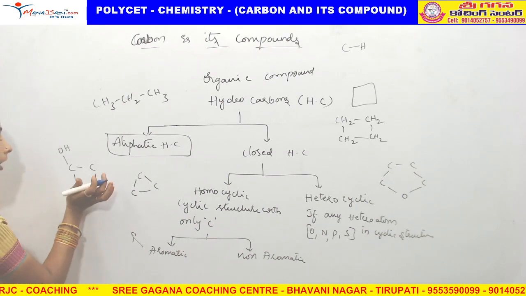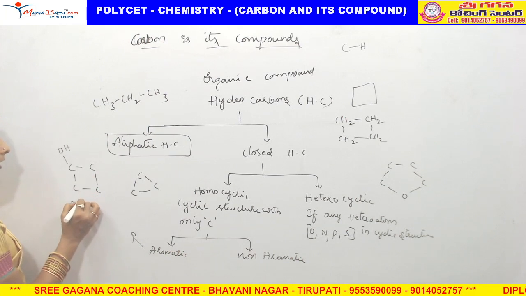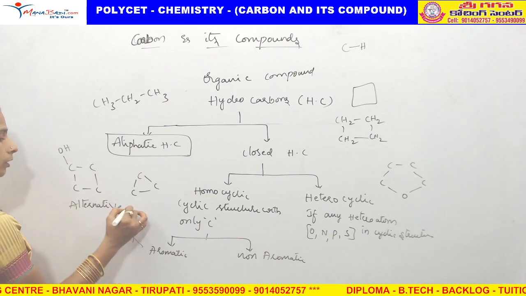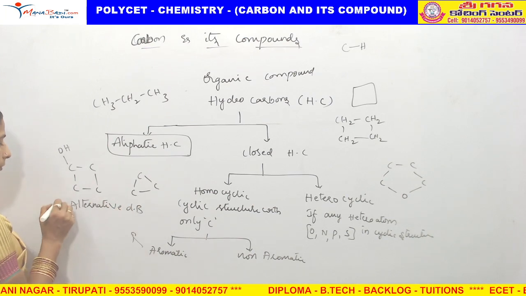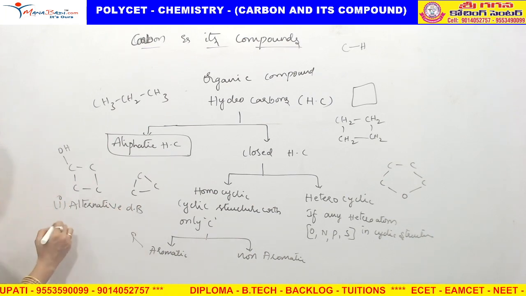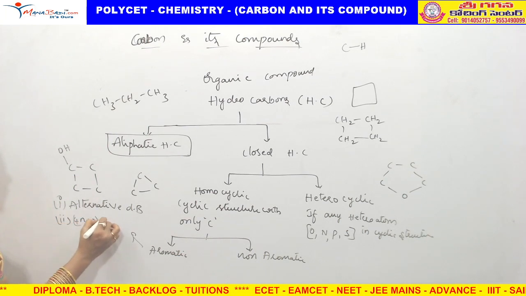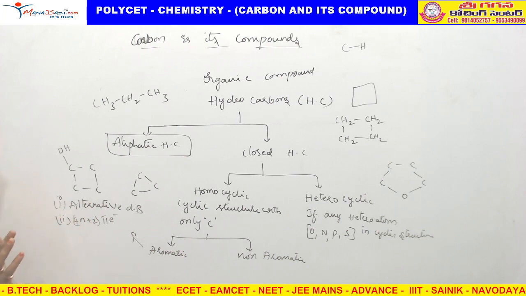Number one: alternate double bonds should be there. Number two: 4n plus 2 pi electrons should be there.